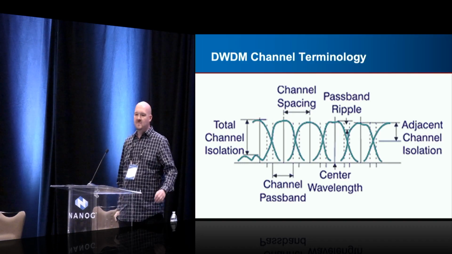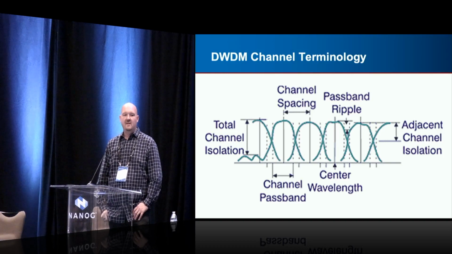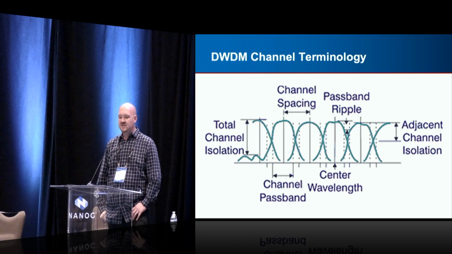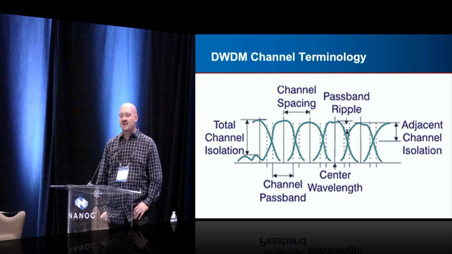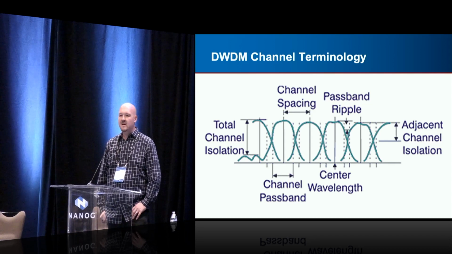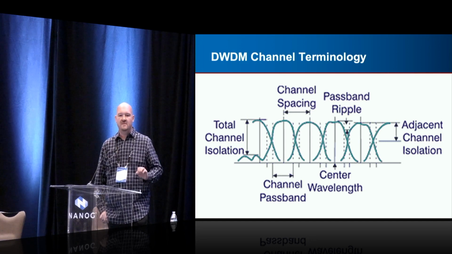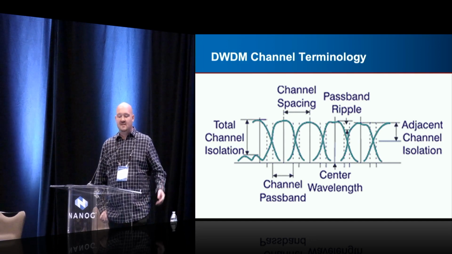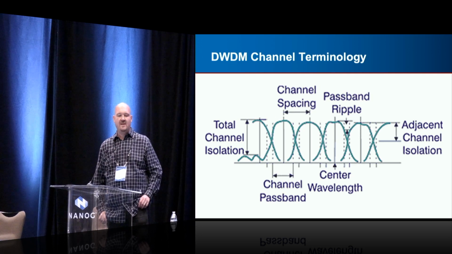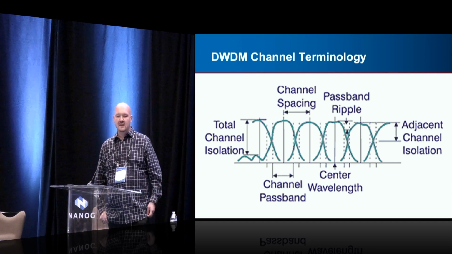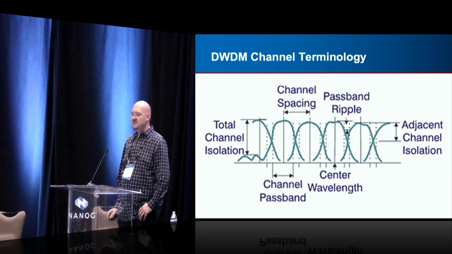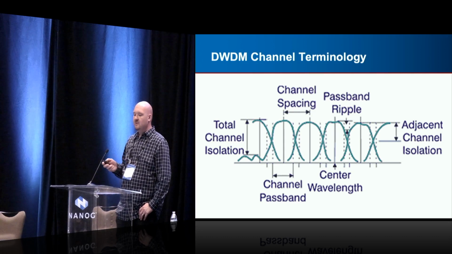Sometimes you'll have different parts of the curve that have higher or lower attenuation than others. You have channel isolation, so you care about how effective am I at cutting off the frequency from one side to the other. And so you have adjacent channel isolation, and total channel isolation, like how effective am I at cutting off the background noise from other channels. There are all these different things that come into play when you look at DWDM channels.